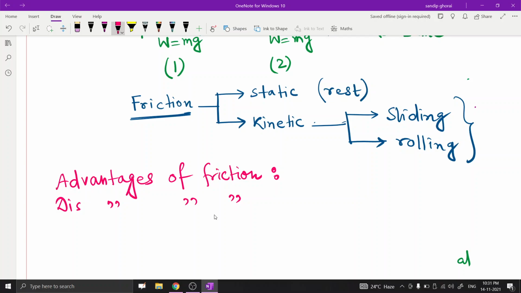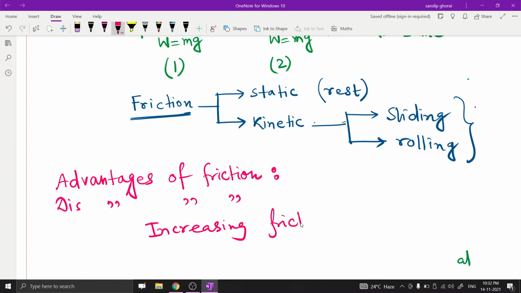Now the question is, in real life, if we want to increase friction, by what processes can we increase the frictional force, and also we have to know how we reduce friction. What are the processes for increasing friction?